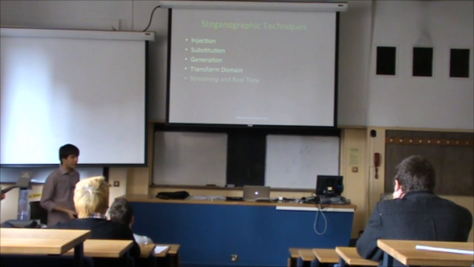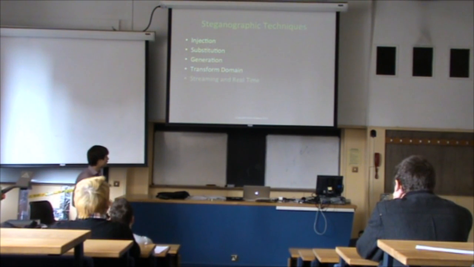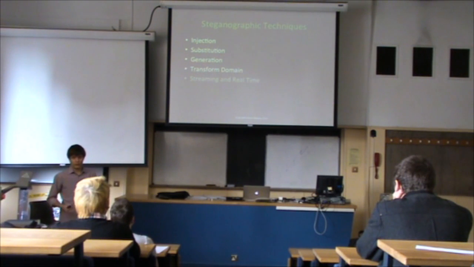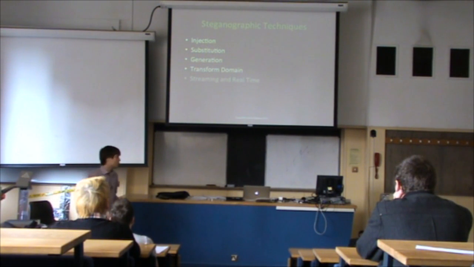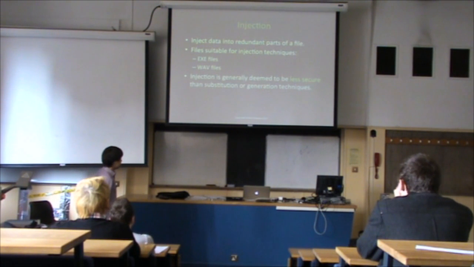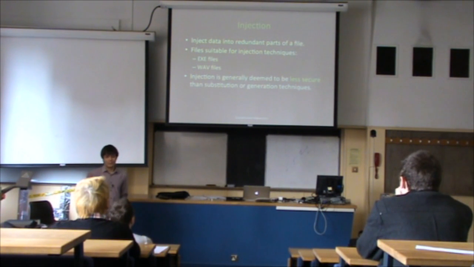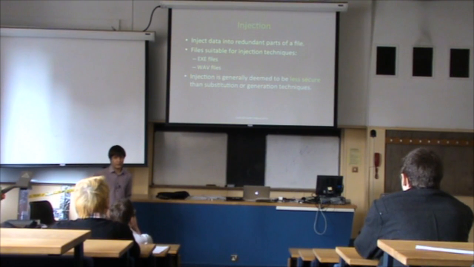There's not a lot of stuff out there that actually uses a generation technique. And streaming in real time can present problems because you're doing it in real time, and when you understand how things like that have to be represented, you might also start to see why that's the less common choice. So, injection is, I would argue, probably the simplest digital steganography technique.